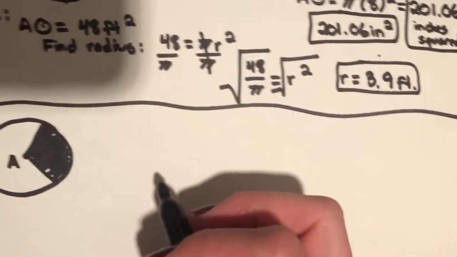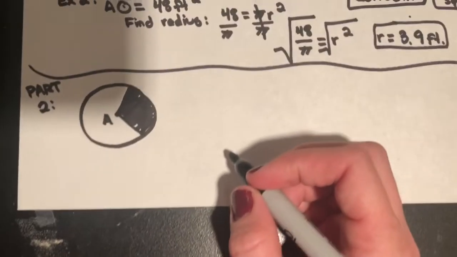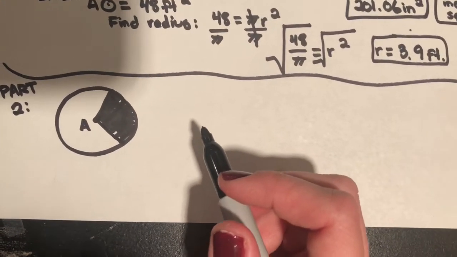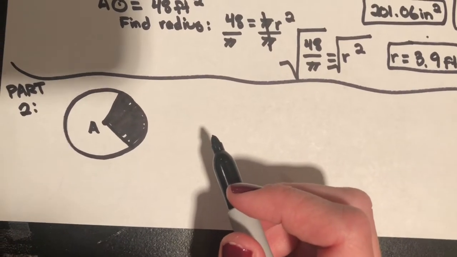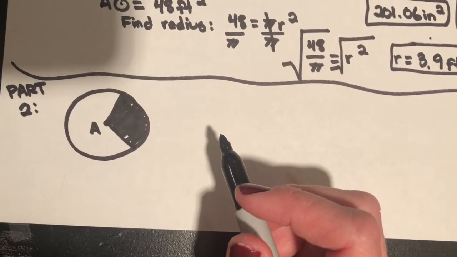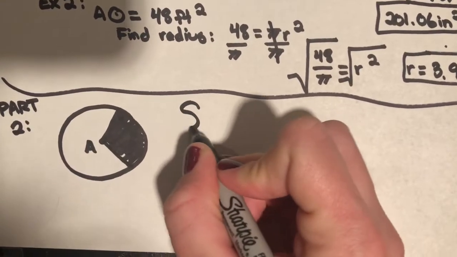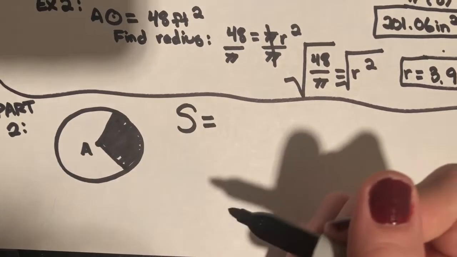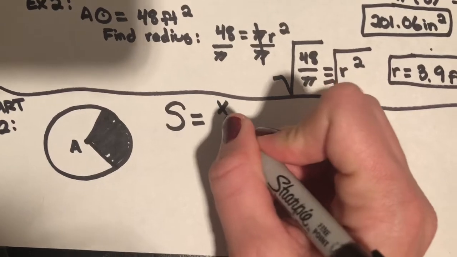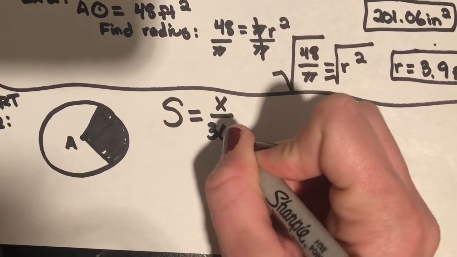Now, area of a sector is very similar to arc length. Just as arc length is a fraction of the circumference, area of a sector is a fraction of the area of a circle. So our equation is going to equal, we denote it by just an S right there, area of a sector, x over 360.